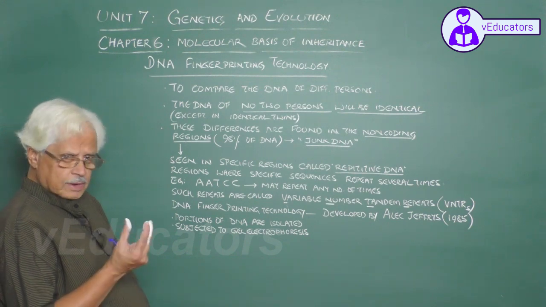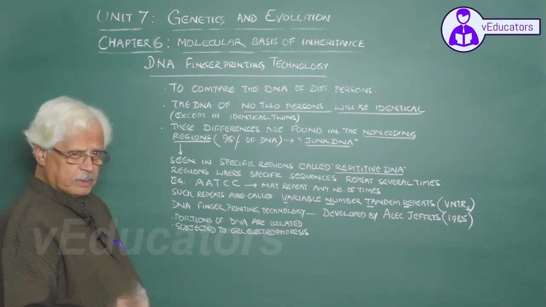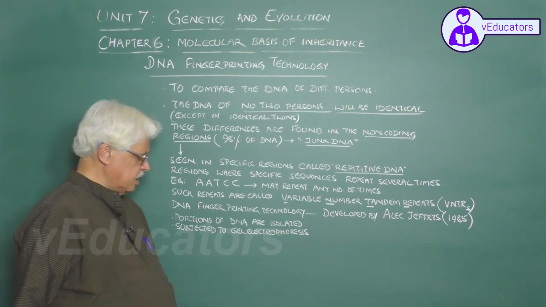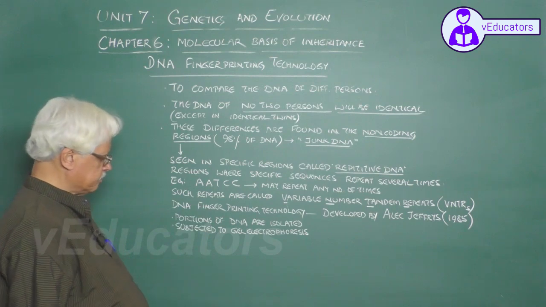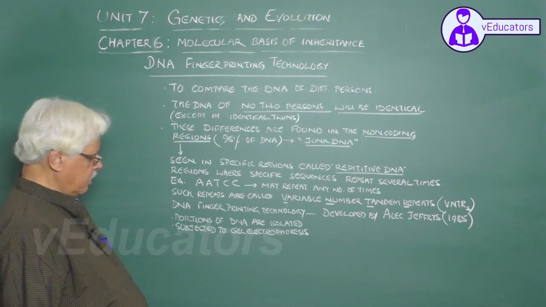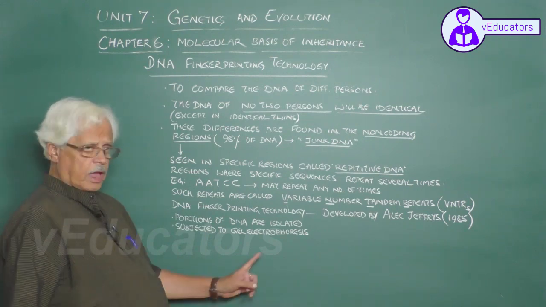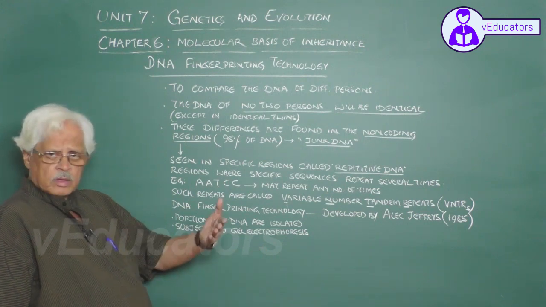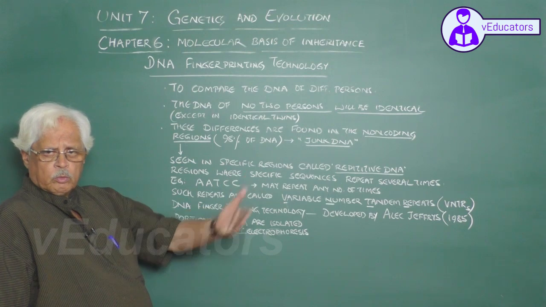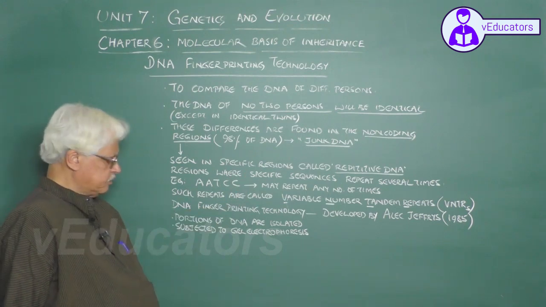There are wells in the apparatus used for gel electrophoresis where the DNA sample can be put. When the apparatus is connected to electricity, the DNA fragments move along the gel.